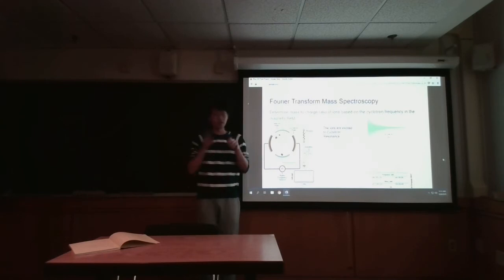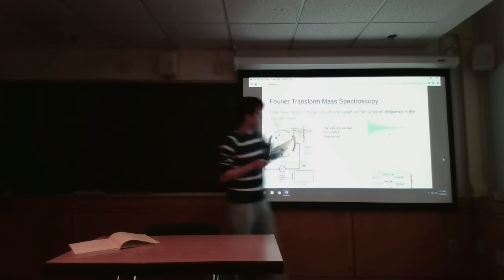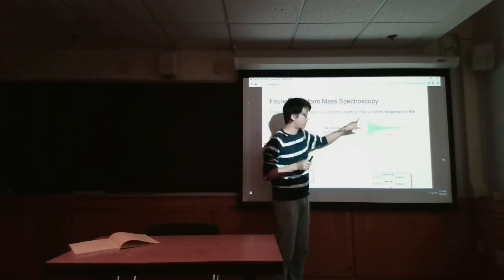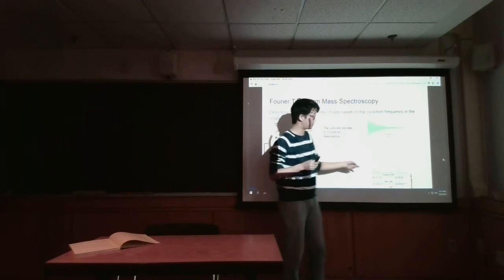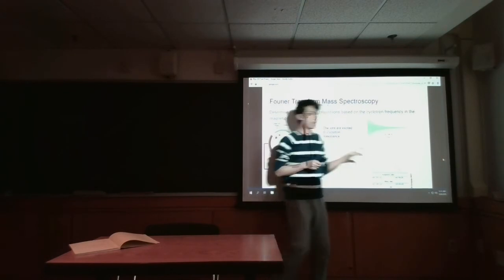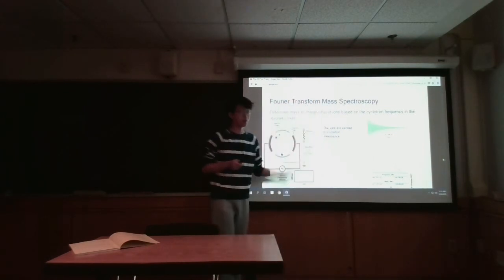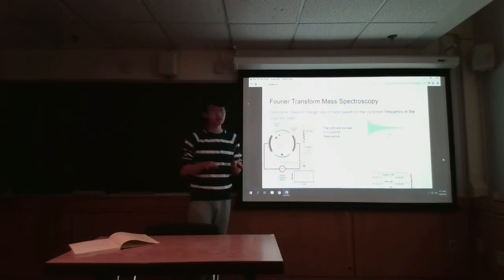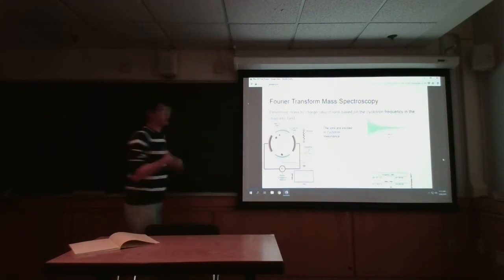The machine can record the amplitude of the oscillation of the electron, and it is recorded in this form. The form is transformed into peaks, which we can integrate for the area of the peaks. So we know in which time or in which state the electron has oscillated. Comparing with the standard, we're able to know what kind of molecule it is.